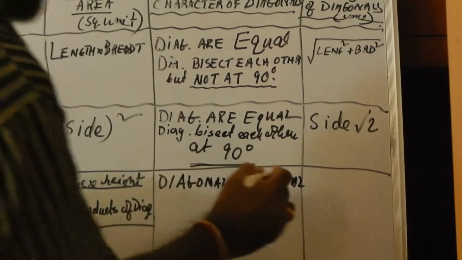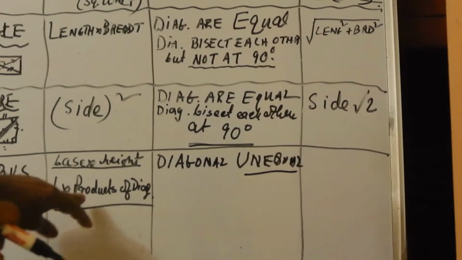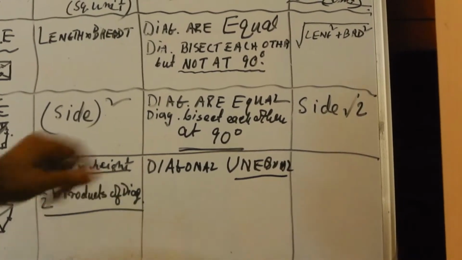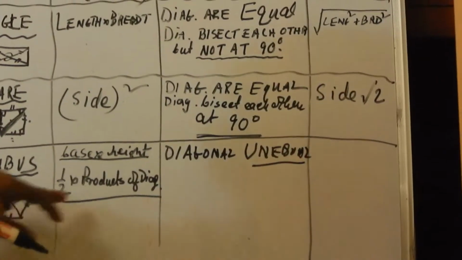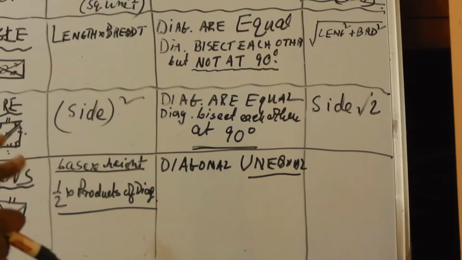Diagonals are unequal, and that's why it has been taken as half into the product of diagonals, not half into diagonal square. They are separate.